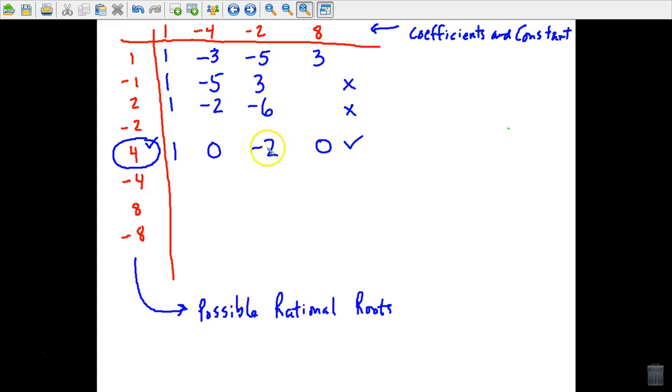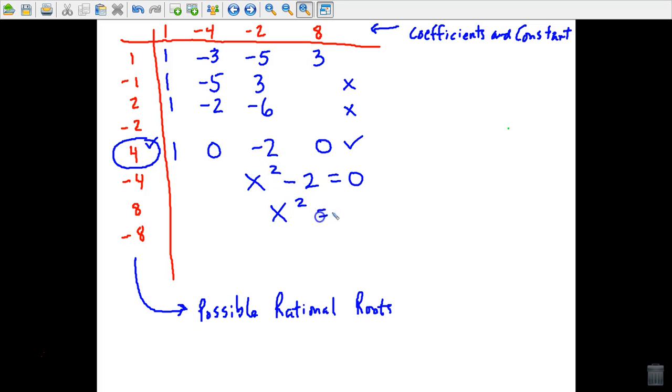The -2 represents a constant. The 0 represents a linear coefficient, and the 1 represents a quadratic coefficient. So if you take those numbers and make an equation out of them, the equation looks like this. And when we solve this equation for x, we will find our other 2 roots, or solutions.